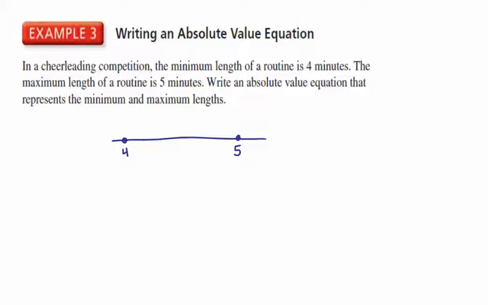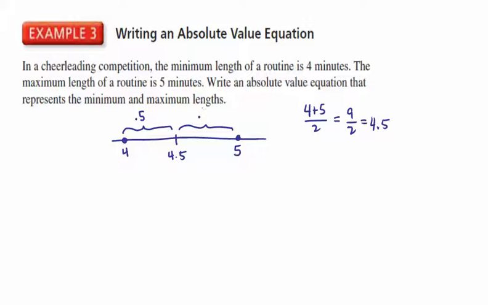So what's the first thing we do? We need to find the center. We add 4 plus 5 and divide by 2, the average of those two numbers. We get 9 over 2, which is 4.5. That might be easy to tell without doing that, since 4.5 is halfway between 4 and 5. The next thing we want to do is find the distance from the endpoints to the center.